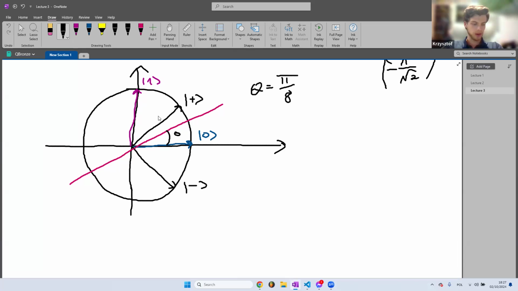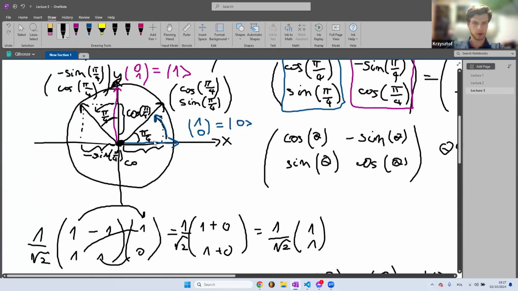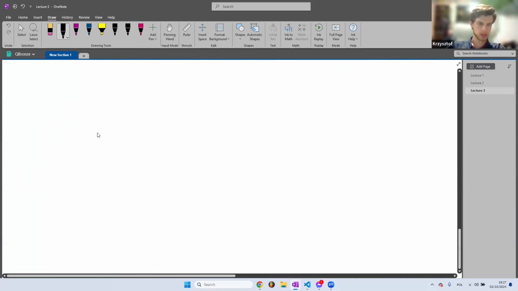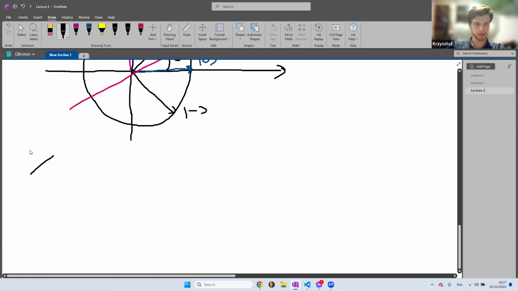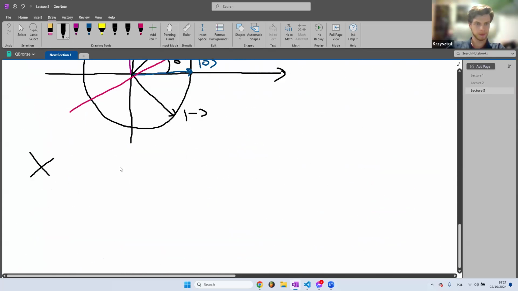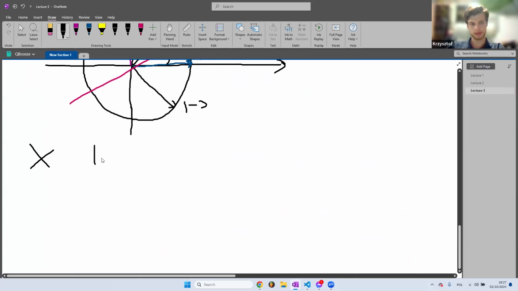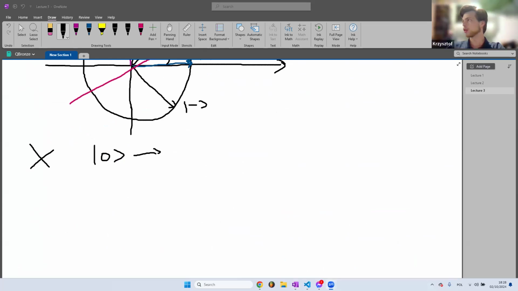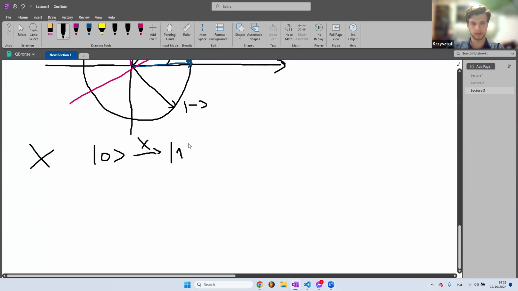So now we have covered 2 of our gates, and we're left with the X gate. In case of the X gate, the 0 after applying the X gate is transformed to 1.